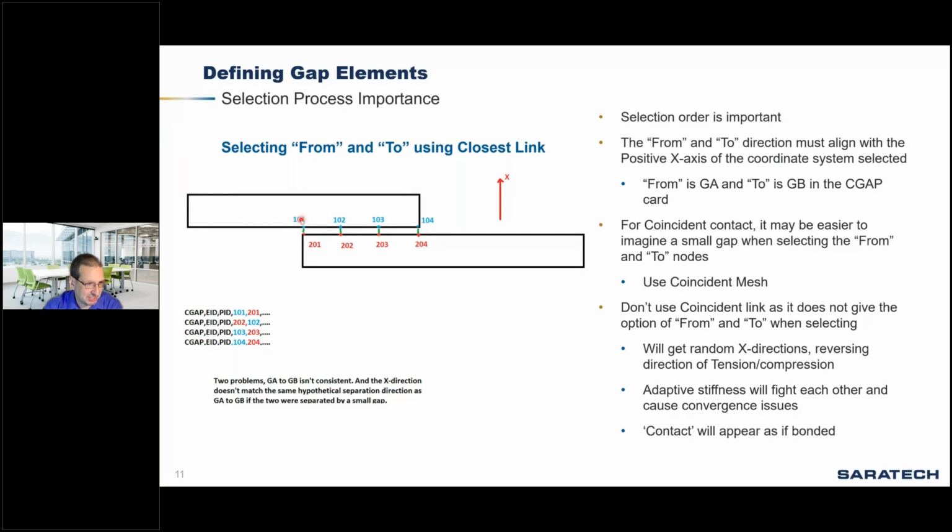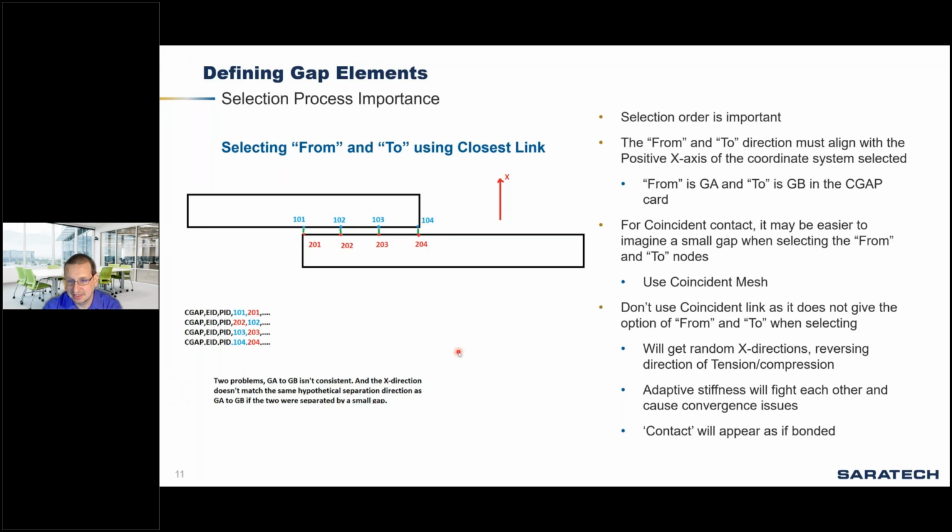So with this little gap, we can see the direction is downward instead of the positive X direction that we have here from our local coordinate system. So because of that, we only have one element here, that's 202 to 102, that actually faces the right direction that we need. And we're going to run into problems with this particular model.